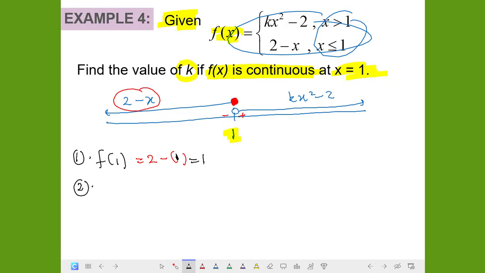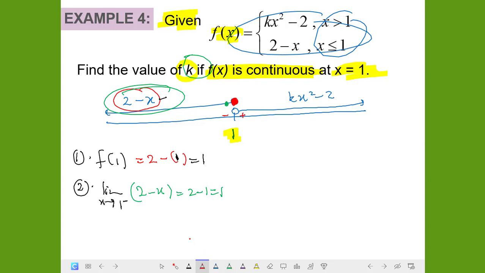Why? Because this one is already taken. If you take, let's say, the limit as x approaches 1 from the left, this point lies also on the same function. Substituting x is equal to 1, there is no use, as we're going to find the value k.